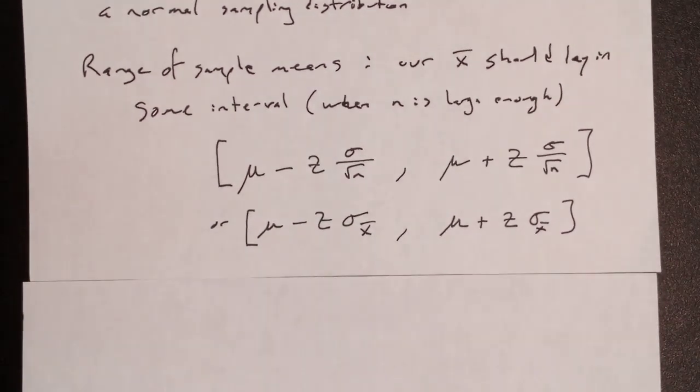When we were talking about z-scores, we were able to talk about the highest so much percent, the lowest so much percent, or the middle so much percent. Okay, hang on a second.